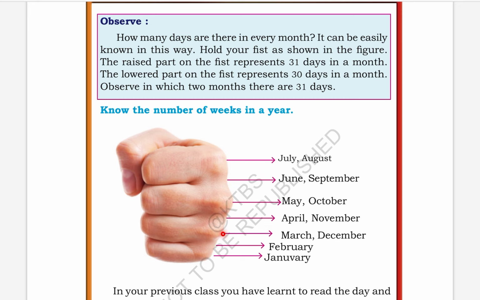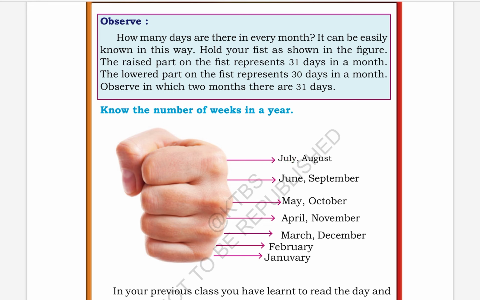Raised part March, April lowered part, next raised part May, next lowered part June, next raised part July. You have to start from the raised part January, the first month, then lowered part, then raised part, raised, lowered, raised, lowered, raised: January, February, March, April, May, June, July. After July, which one is it?